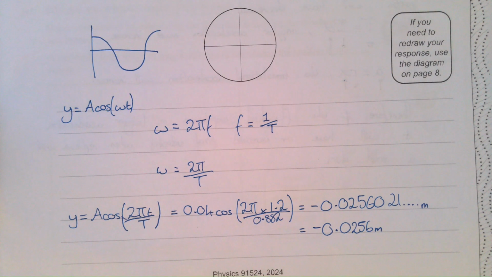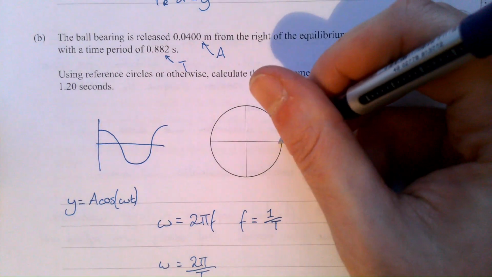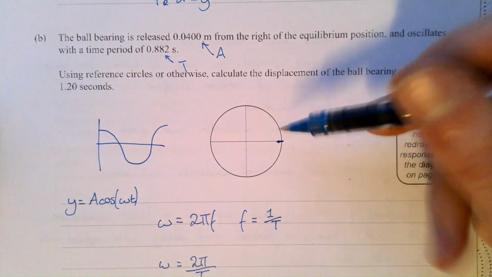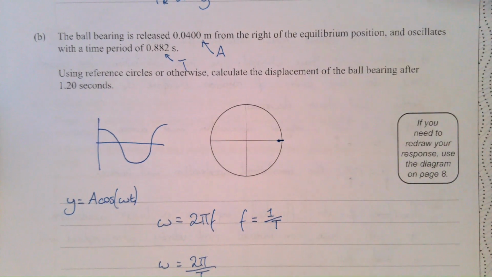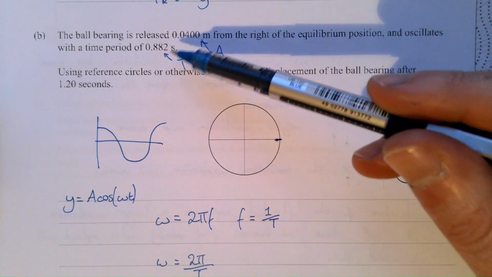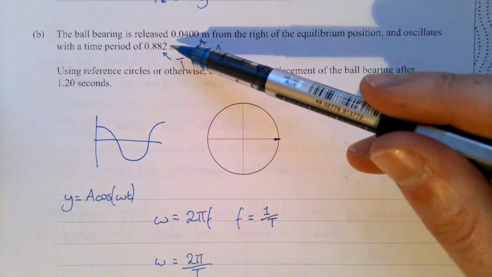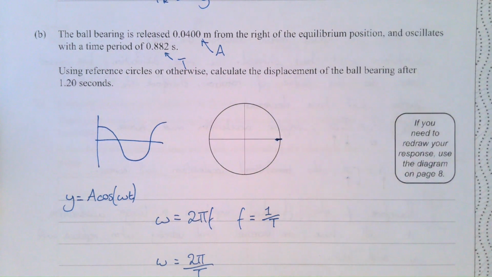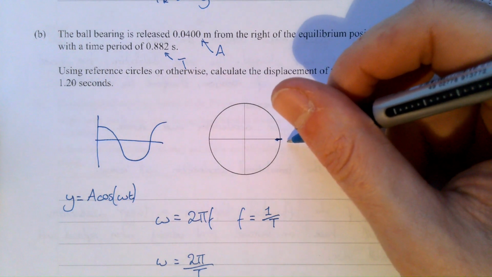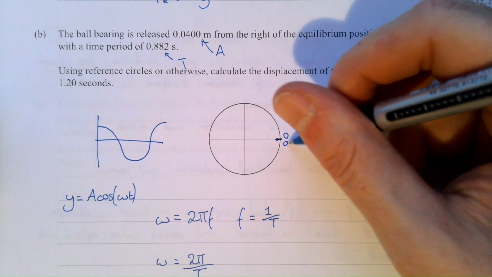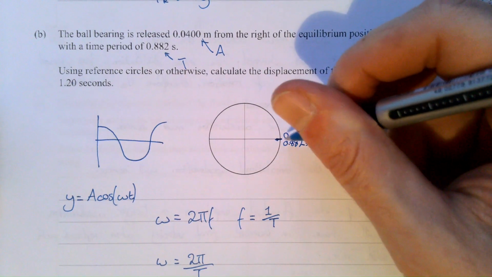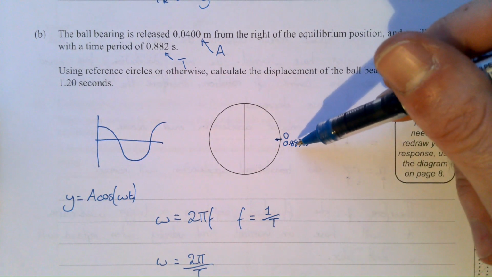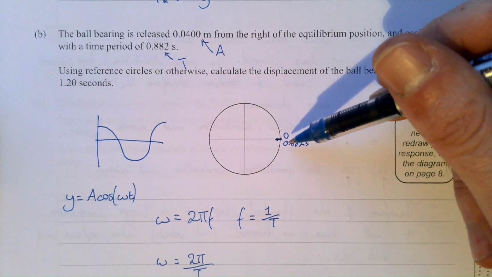Okay? Now, using your reference circle, if we're starting at this position always, because that's where the positive x-axis is, our time period is 0.882, which means to do an entire lap of the circle will take 0.882 seconds. So our 0 and 0.882 are at the same position.